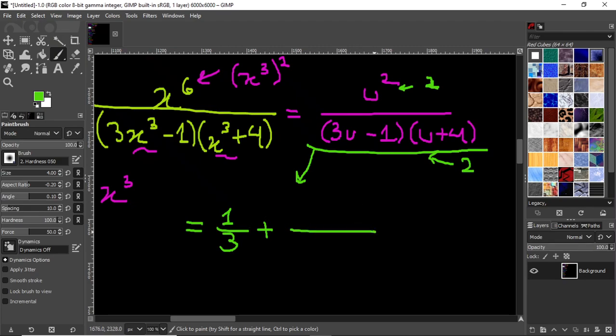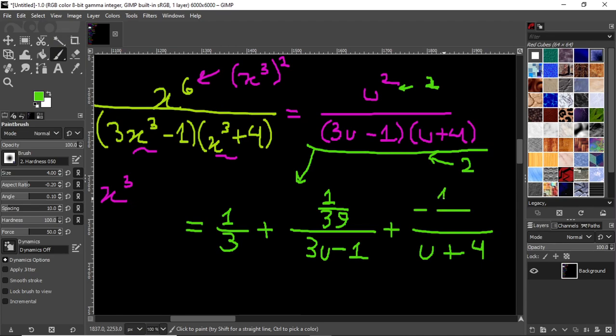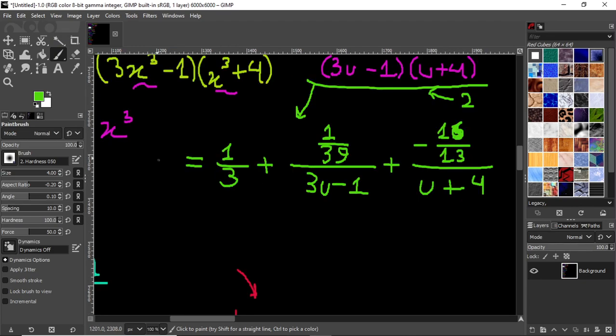With that done, the other two numerators here, we are going to have 3u minus 1, 3u minus 1, and u plus 4. We can use our shortcut, and if you do that, we get 1 by 39 here, 1 by 39 here, and minus 16 over 13 here, sorry, minus 16 over 13 here, 1 by 39 here.